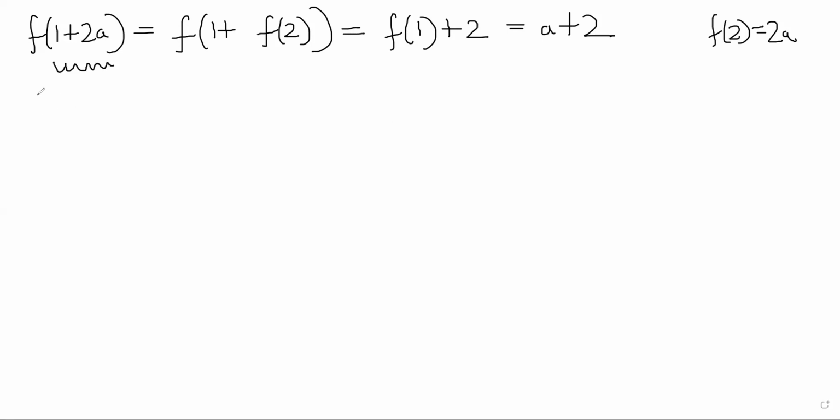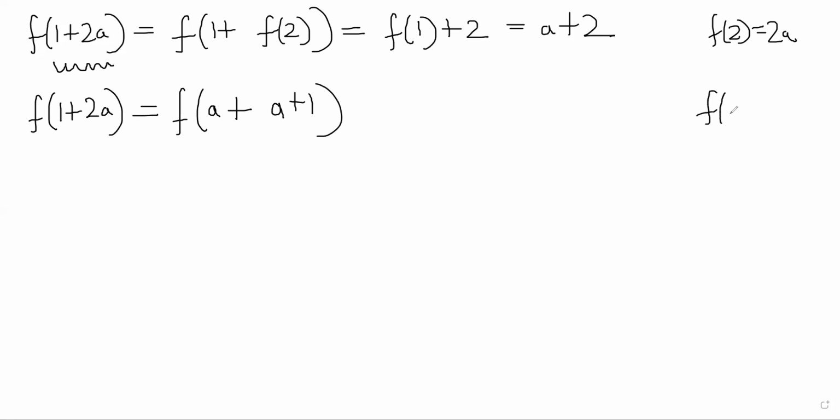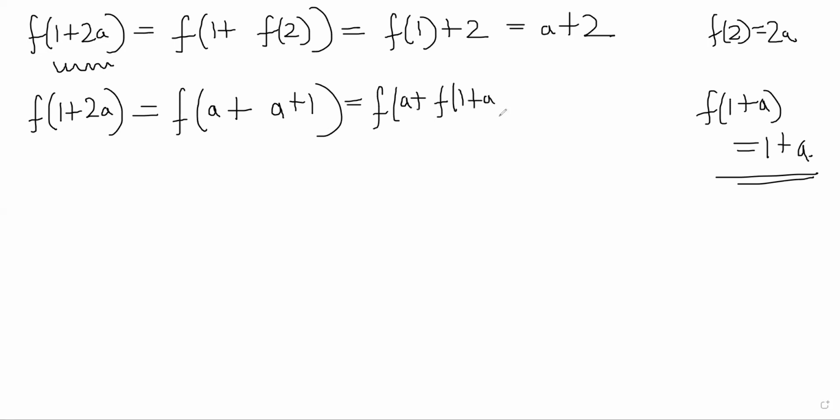Again, doing this in a slightly different way, f of 1 plus 2a can also be written as f of a plus 1 plus a. And we already know that f of 1 plus a is equal to 1 plus a. This was our second result, if you recall. So this is equal to f of a plus f of 1 plus a, which will be written now as f of a plus 1 plus a, right?